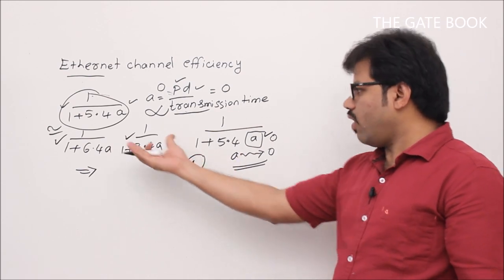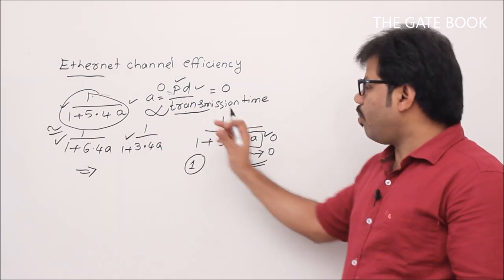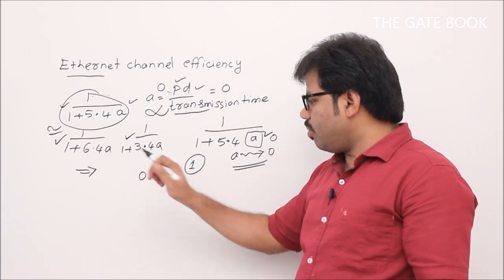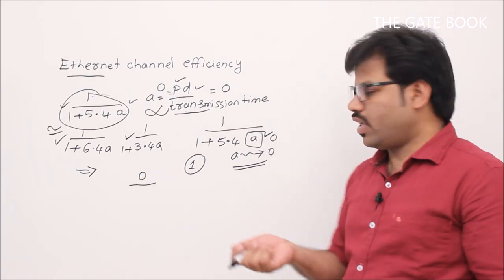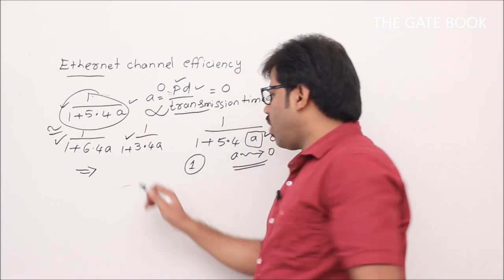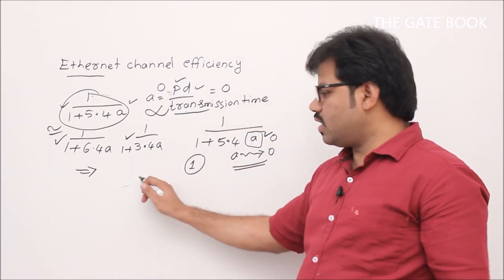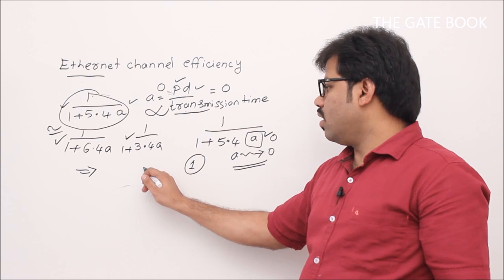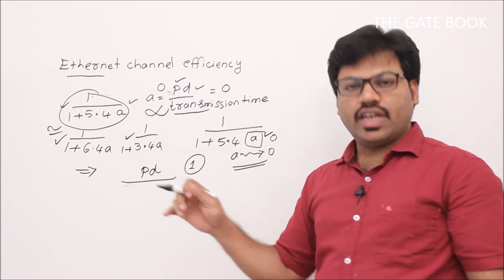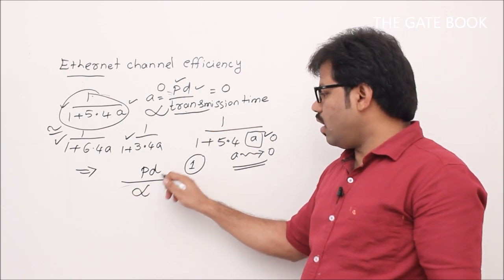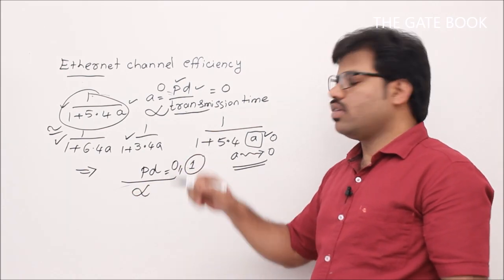Remember it because of the formula, right? If propagation delay is very small, almost 0, then 0 by anything is 0. If propagation delay is not 0, let's say it is significant, but the transmission time is very high, infinite, still you get channel efficiency 1.